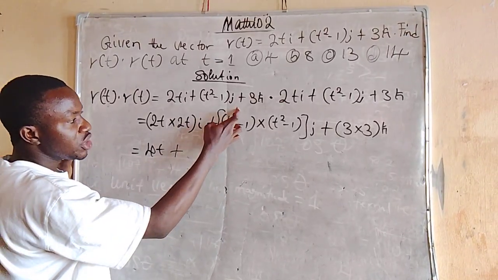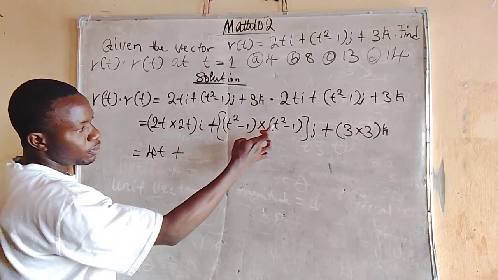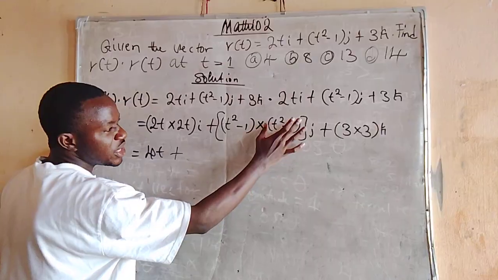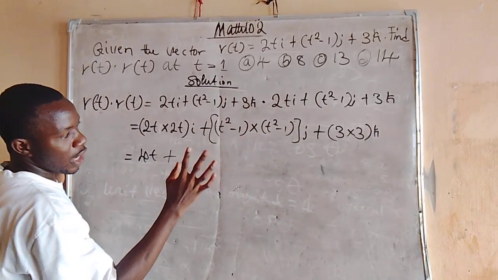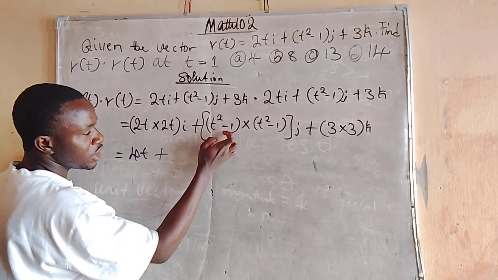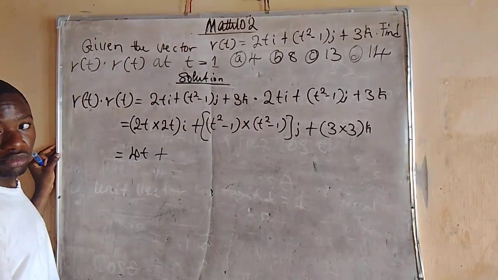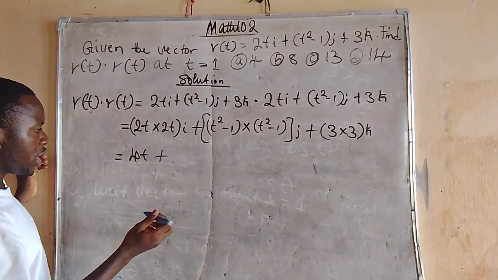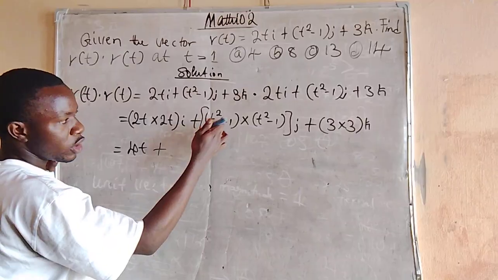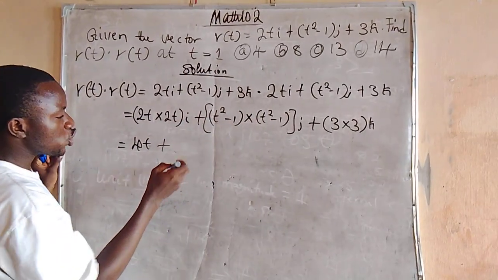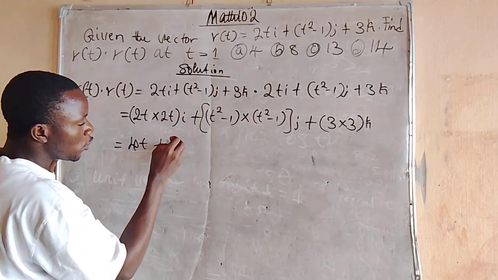We pick the first term here and multiply everything that is inside the second bracket. When you are done, you pick the last term in the first bracket and multiply with everything inside the second bracket as well. So let's do that. t squared multiplied by t squared.